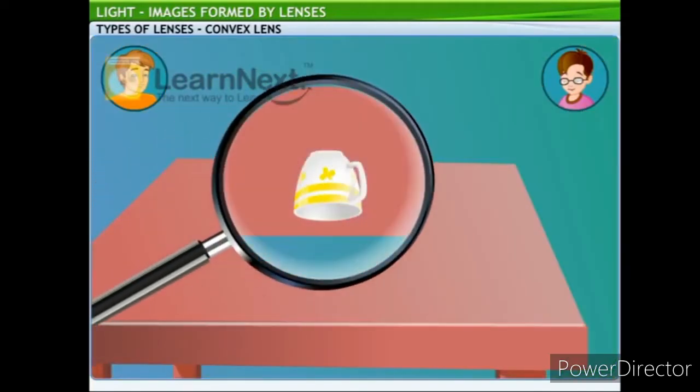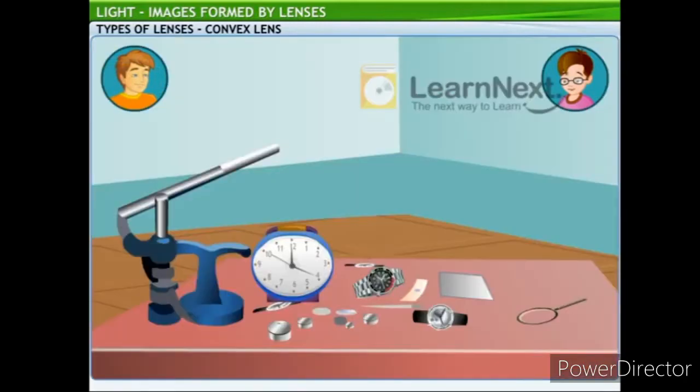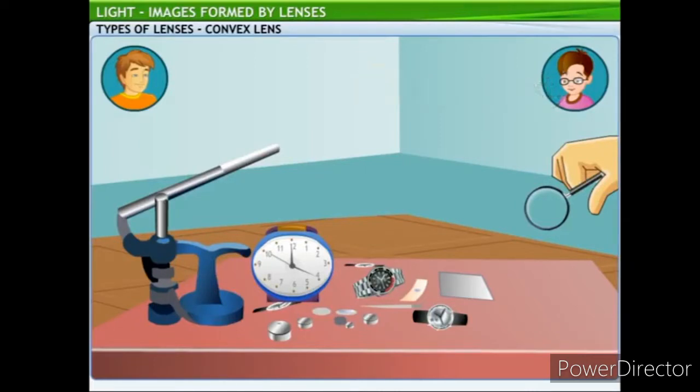Hey, that cup looks inverted through this lens. Yes, that can happen when you view an object through a convex lens at a specific distance. This magnifying glass you have just seen is also a convex lens. I will show you what happens when we view objects through it after we go home.